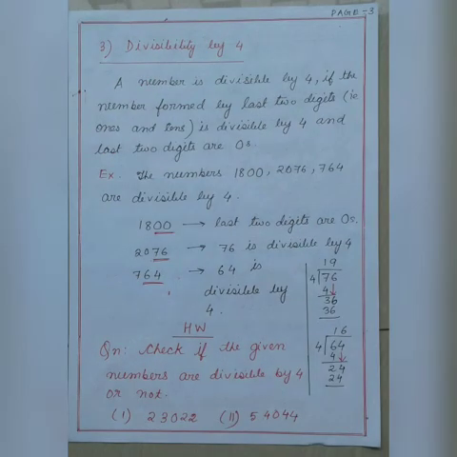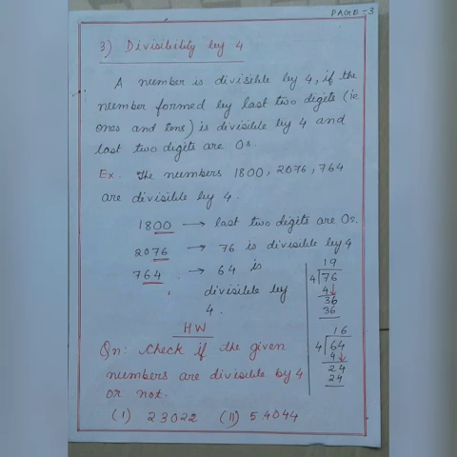Number 3, divisibility by 4. A number is divisible by 4 if the number formed by the last two digits, that is ones and tens, is divisible by 4, or the last two digits are zeros. So, to tell if a given number is divisible by 4 or not, what we have to check?